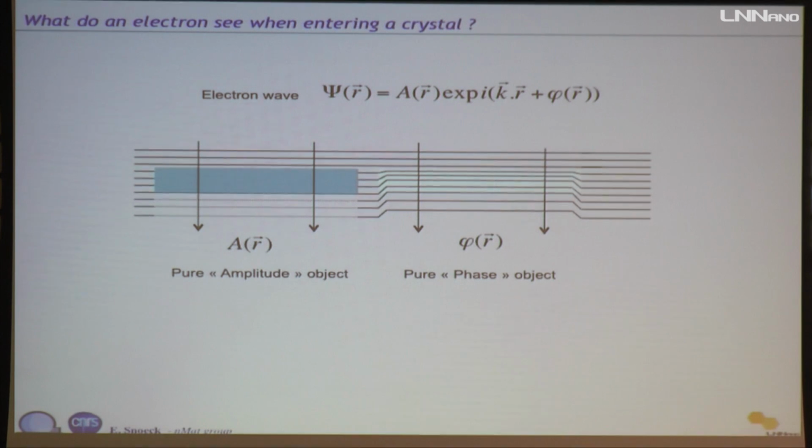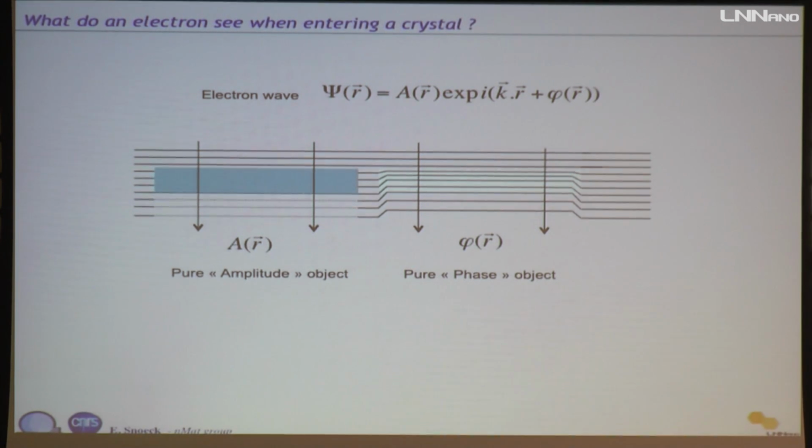In the case of thin and not so dense materials, you have the so-called pure phase objects, meaning that there is no absorption of electrons, and you get the same intensity of the beam after interacting with the material. But the wave has been phase shifted. It is a pure phase object.